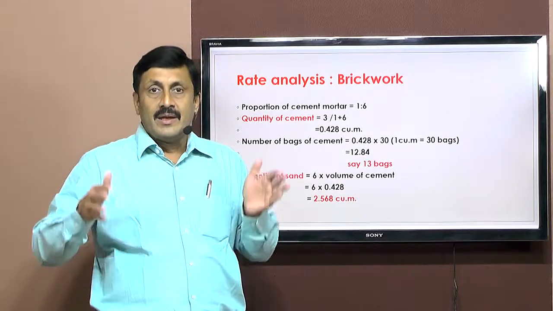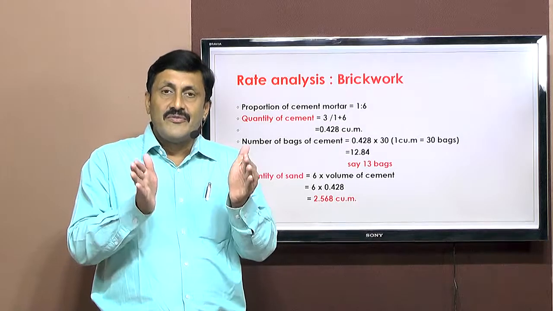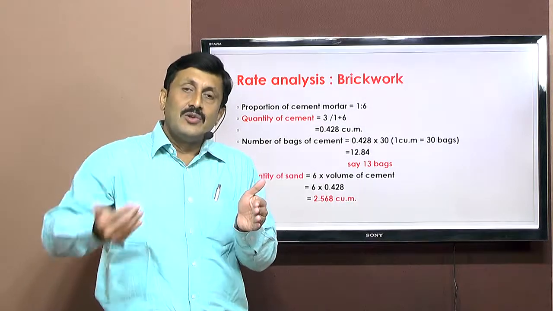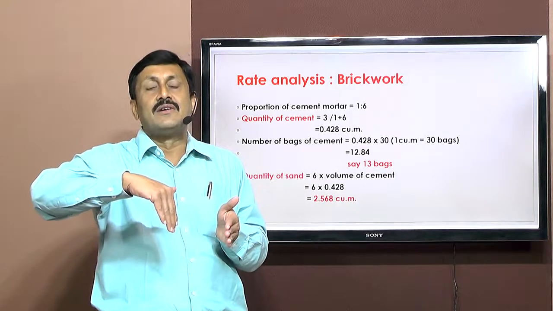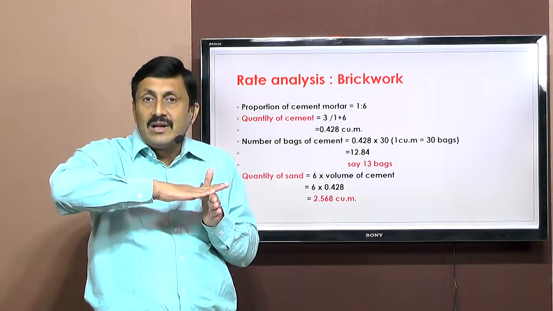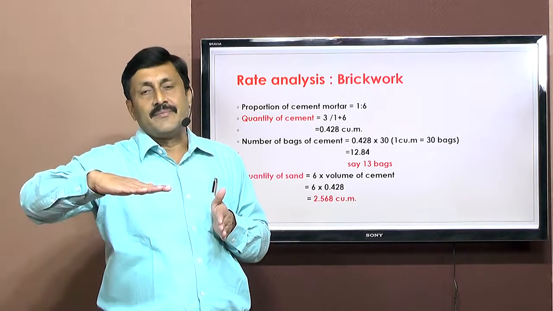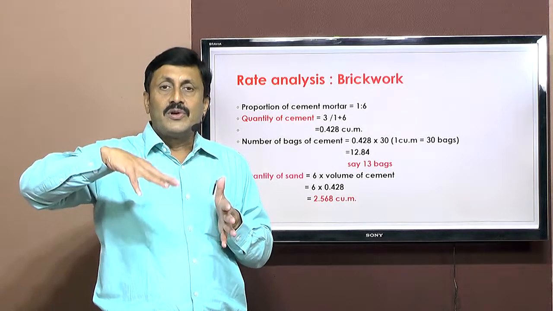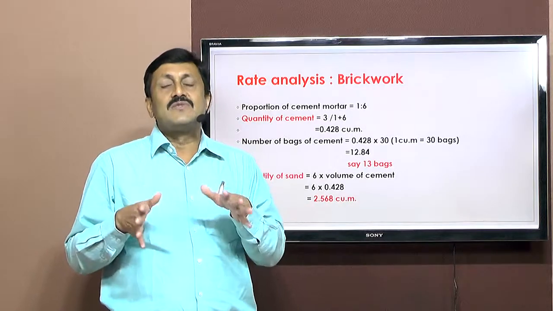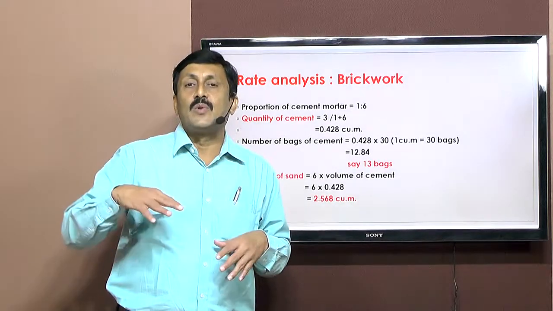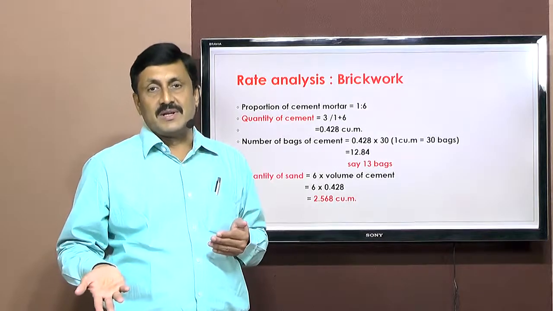Now if this container is to be filled up with cement, you go on pouring bags of cement into this container till it is completely filled with cement. So you will have to pour around 28.57 bags into this container. That means 1 cubic meter is equivalent to 28.57 bags of cement.